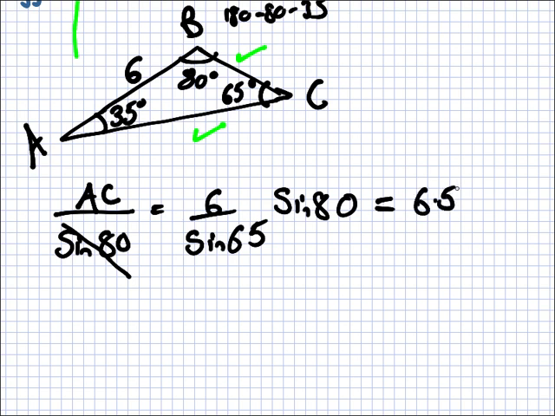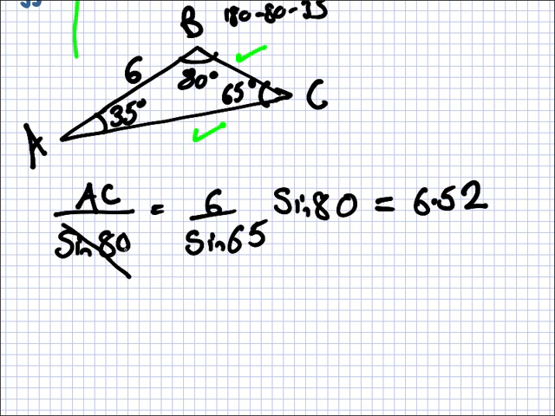I got 6.51, maybe it's rounded off. If you type it in exactly like this, 6 sine 80 over sine 65, I got 6.5. I think they rounded it to 6.52. Okay.